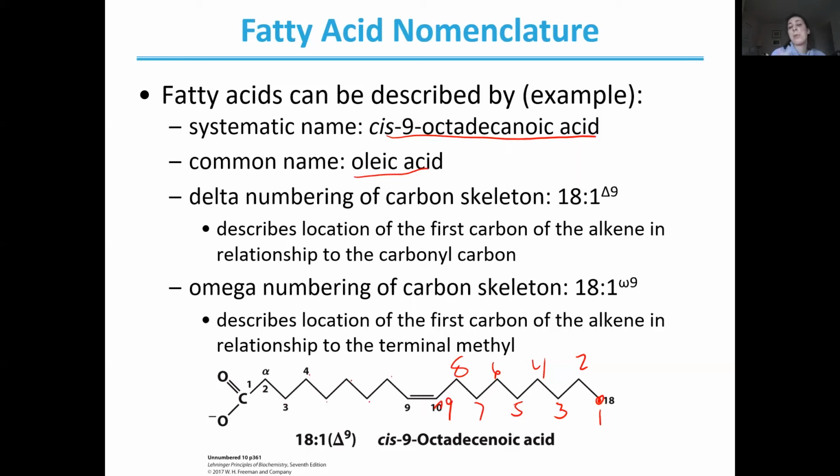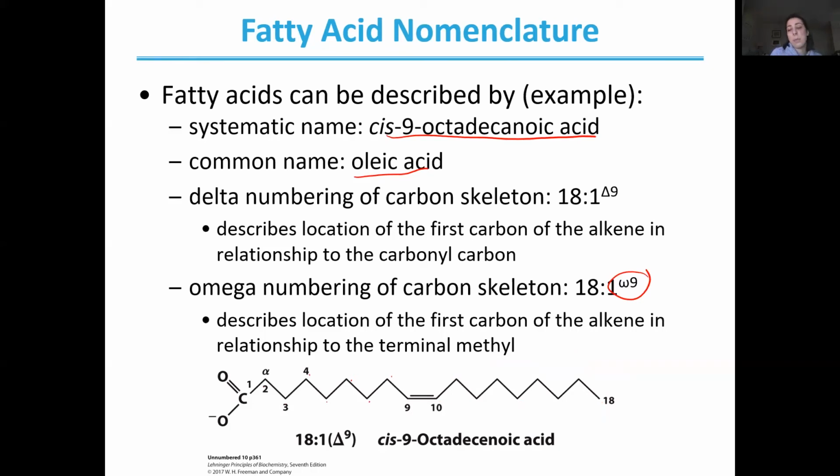And you can see it just so happens that because this is a symmetric molecule, the omega numbering is also in a 9. So this would be omega 9. Again, omega numbering just starts counting from the end with the methyl group, and the delta numbering starts numbering with the carbon that is part of the carbonyl. The delta numbering is used more often, but the omega numbering is still utilized occasionally.